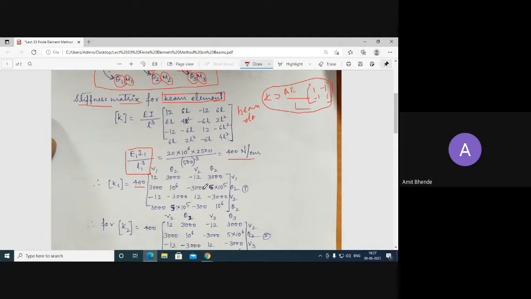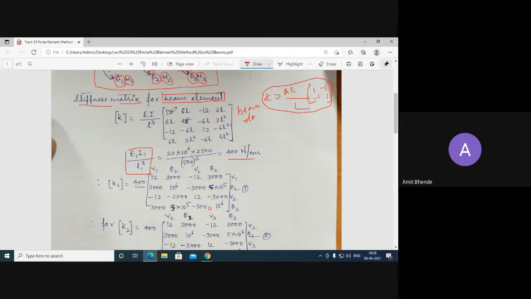Then this is minus 6L, so minus 3000. 2 into L square. So this is 5 into 10 to the power 5. This is minus 12, minus 3000, 12, minus 3000. And this is 3000, 5 into 10 to the power 5, minus 3000. It should be 3000. And 10 to the power 6. Okay. So this is the element stiffness matrix of the first member.